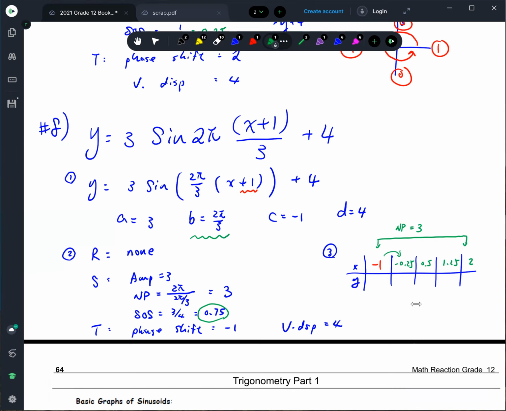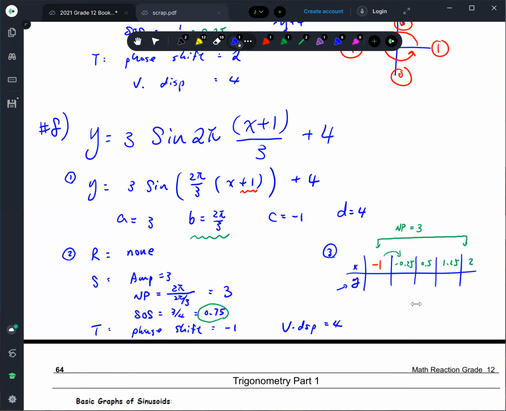All right, so let's go to the y values. Okay, Waylon, how do we get the y values? Is that a times y plus d? Yeah, so what's the a times y plus d here?